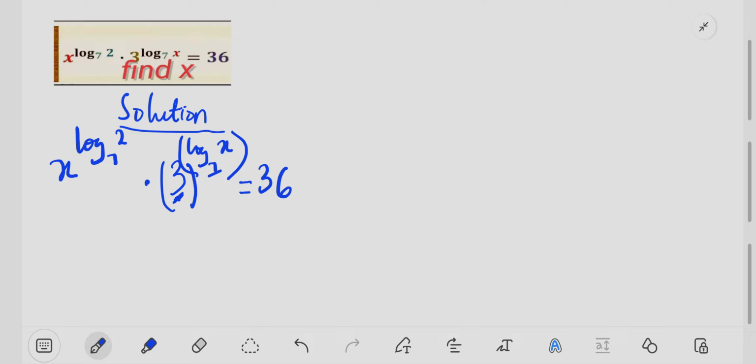Okay, so when we do that, we are going to get a new base which will be an x. So in that case, the new base x over here together with this base x over here, we can multiply those two by adding their exponents to get a very simplified equation. Okay, so let's proceed and then do that.